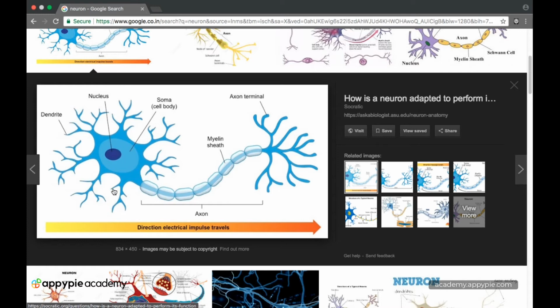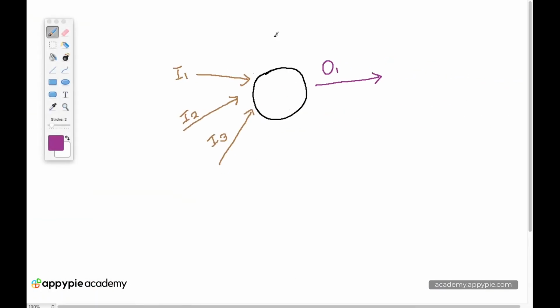It takes in all the inputs and then has a corresponding output channel over here. All of these terminals connect to the dendrites of further neurons, and that is how the electrical impulse travels ahead. In our case also we have 3 inputs and we have 2 outputs.